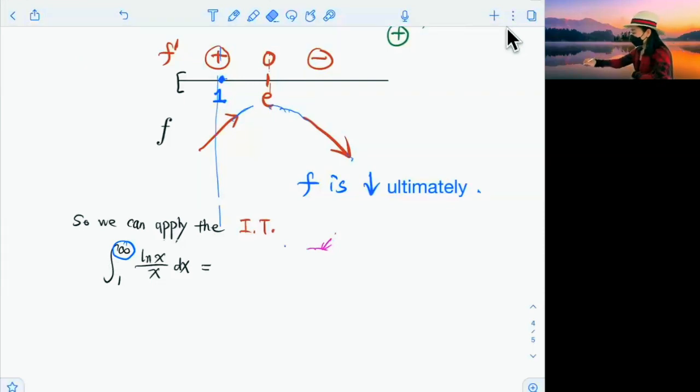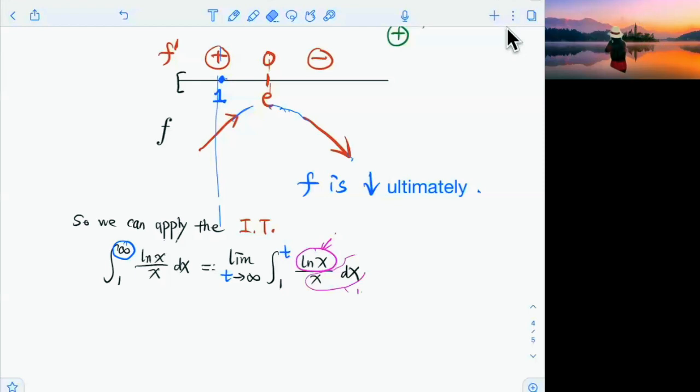If this integral converges, then the series converges. If this integral diverges, then the series diverges, right? Okay. So how do you find this integral? Well, it's improper. So the first thing to do is replace infinity by t, and let t go to infinity. That's the formal way to do it.